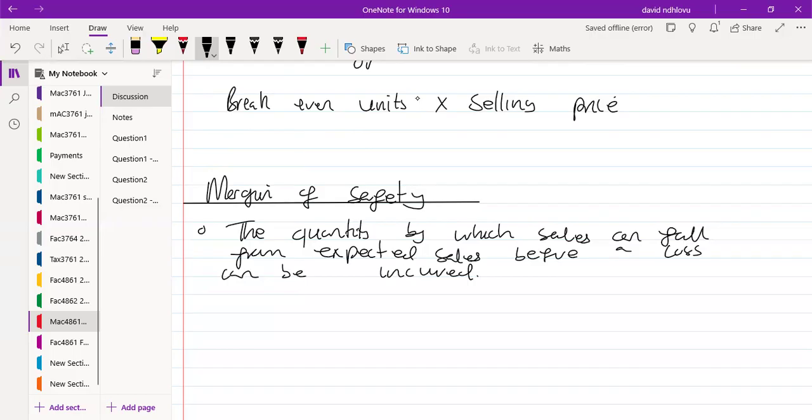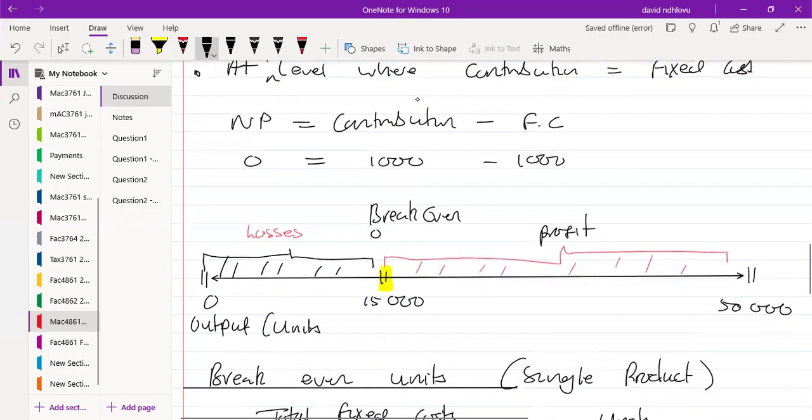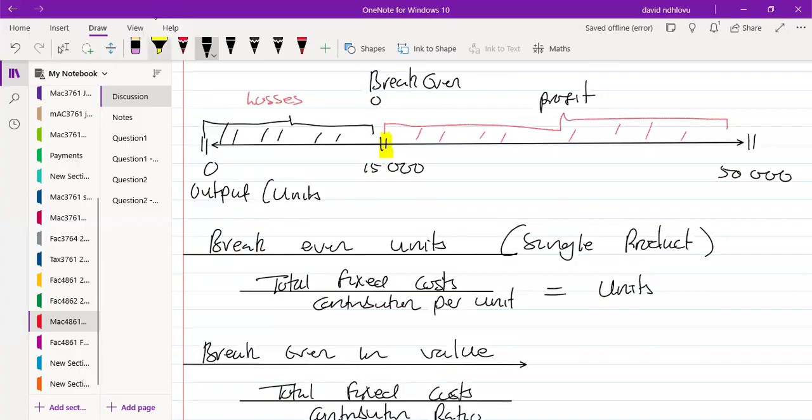Remember the calculations in cost-volume-profit analysis are dependent on what we call the relevant range, which here in my example is from 0 to 50,000. When we say the relevant range, we are saying this is the quantity up to the maximum where we understand cost behavior, because we normally operate within that range.